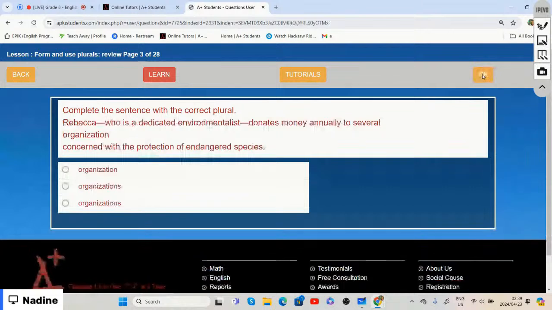It says we need to complete the sentence with the correct plural. Rebecca, who is a dedicated environmentalist, donates money annually to several organizations concerned with the protection of endangered species. So organization. Do we say organization or organizations?